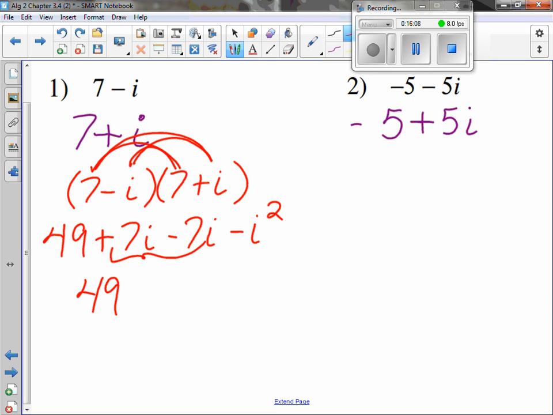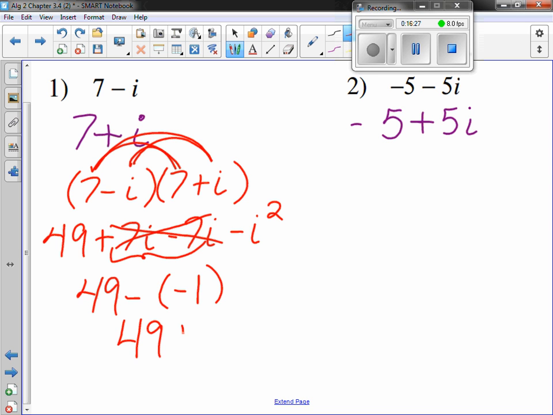We do have two like terms here. What happens to those two terms? What is 7i minus 7i? 0, yes? These cancel out. Minus, well, I squared is what? So I really have 49 plus 1, which is, what happened when I multiplied the two together?